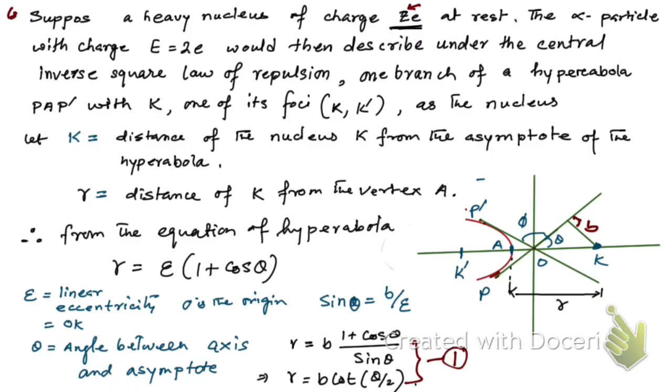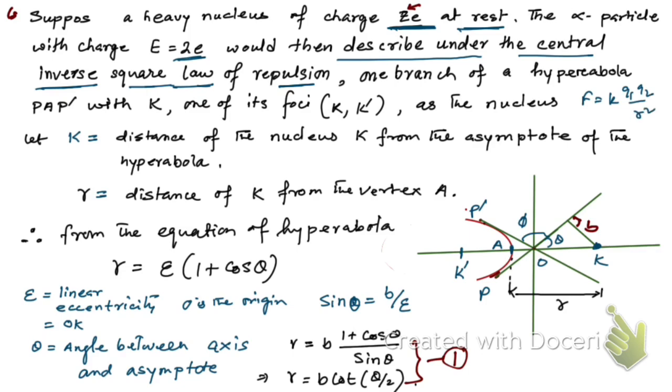This is the charge of a nucleus at rest. Then an alpha particle of charge 2e is projected and describes a path under a central force, an inverse square law of repulsion, according to this law: F = K Q1 Q2 / R squared. Hope you know this law.